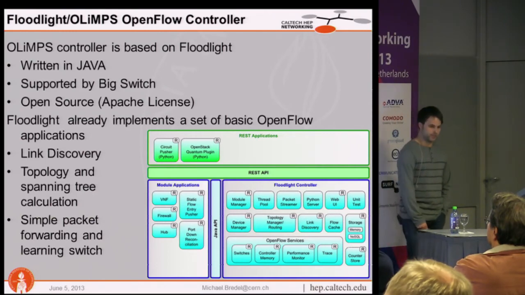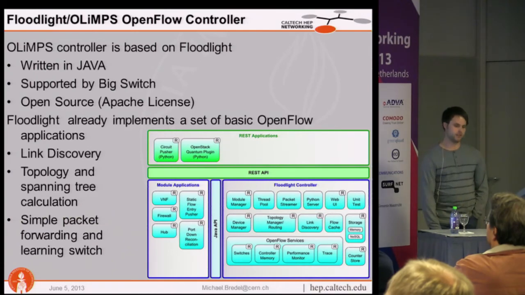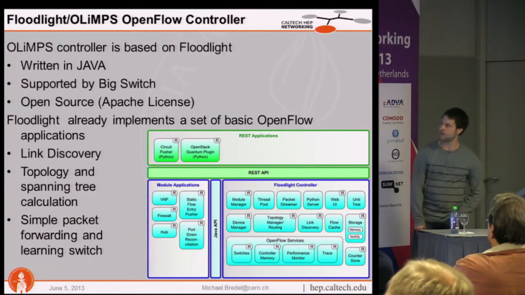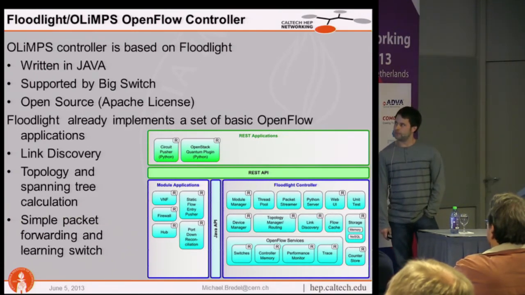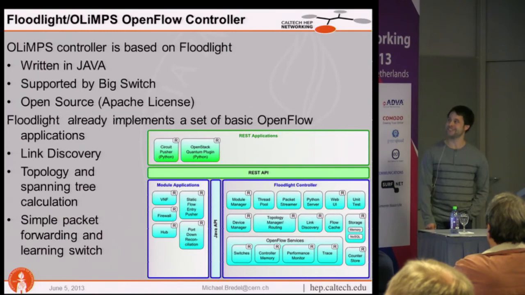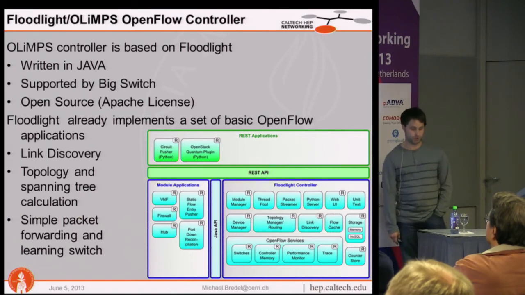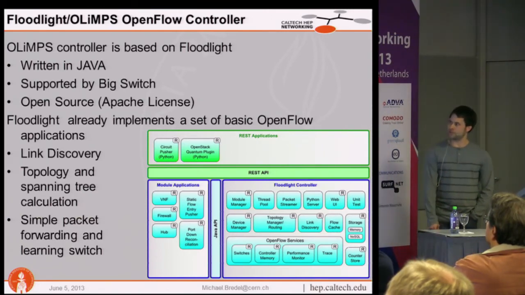And we developed the Olymps controller, which is based on Floodlight. Floodlight is a controller written in Java. It is very performant. It also outperforms controllers written in C++, so Java is really good here. It's supported by Big Switch. It's basically the core of the Big Switch commercial controller. However, it's open source under the Apache license, so you're free to use it and develop your own stuff.